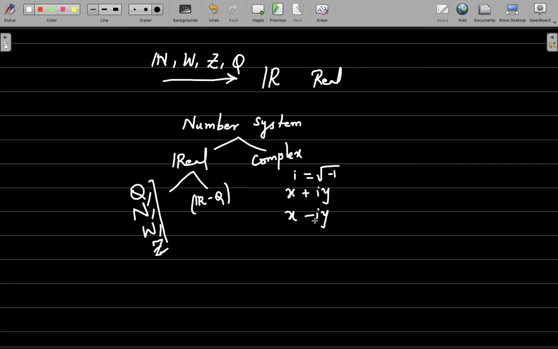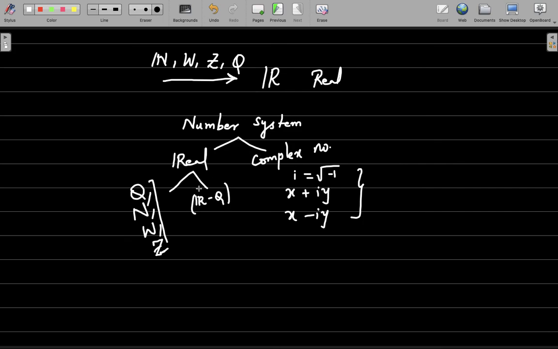A study dedicated to the set of complex numbers we call complex analysis. Let us not focus on complex numbers for now, but please understand that we have something called complex numbers which deal with imaginary numbers, right? And the study of these complex numbers is called complex analysis.